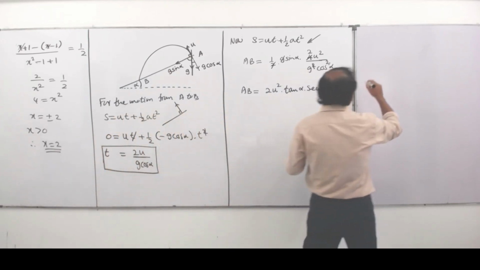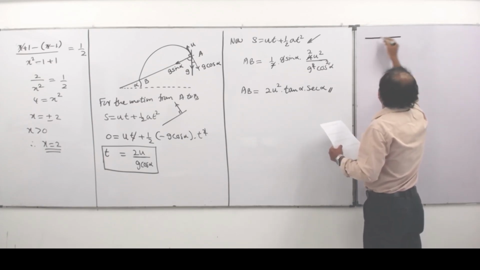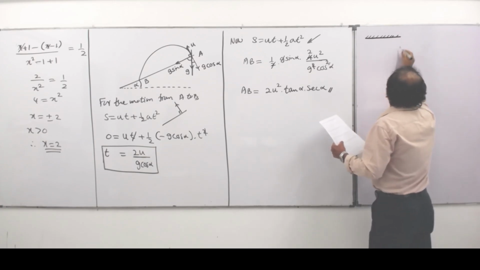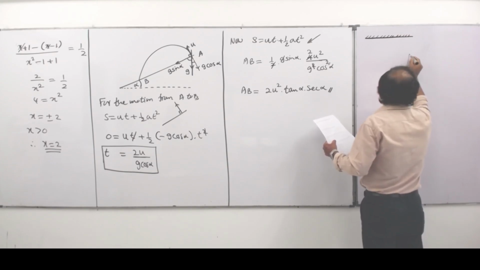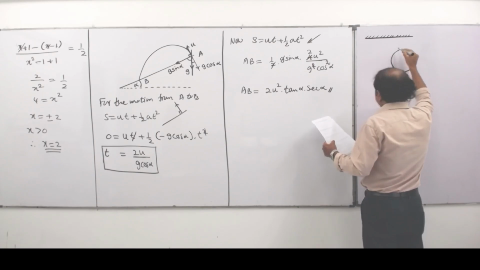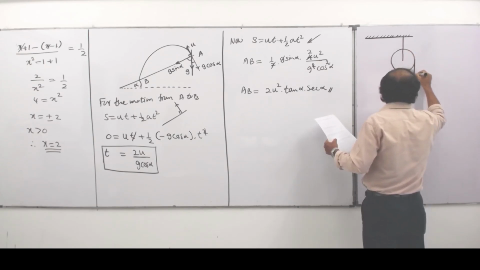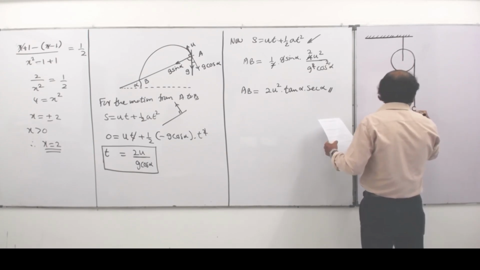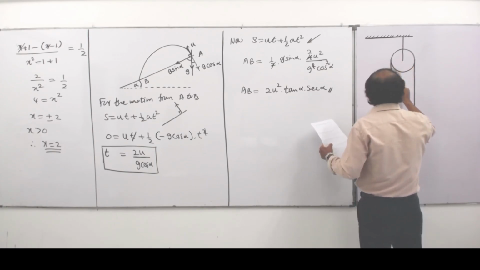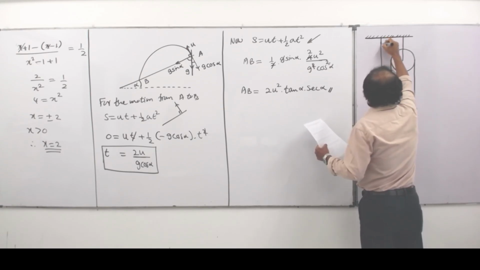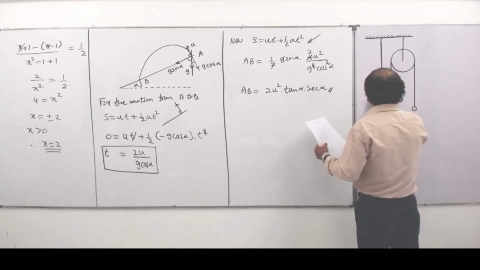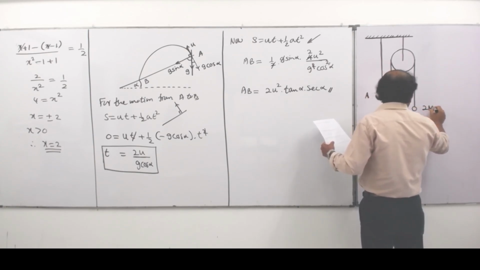Clearly, if I draw this diagram, here this is A, with mass M. This is B, with mass 2m.